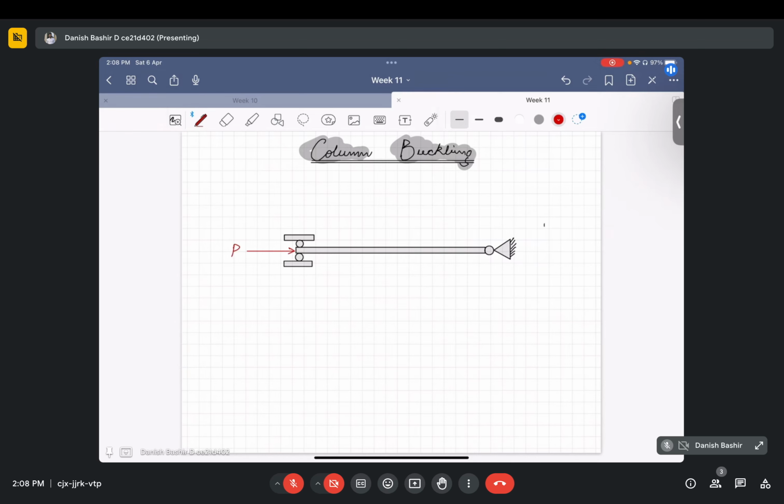What else is there? This column can have a deflected shape like this, because we already know what the buckled shape of this column will be, since this is a pin joint. So the buckled shape will be like this.